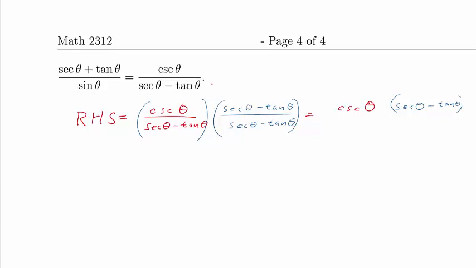And note that I'm leaving this in the blue. And so down at the bottom, it was multiplied by the conjugate. So this guy's got to be secant squared theta minus tangent squared theta. Alright, so I left it in blue to call attention to it.